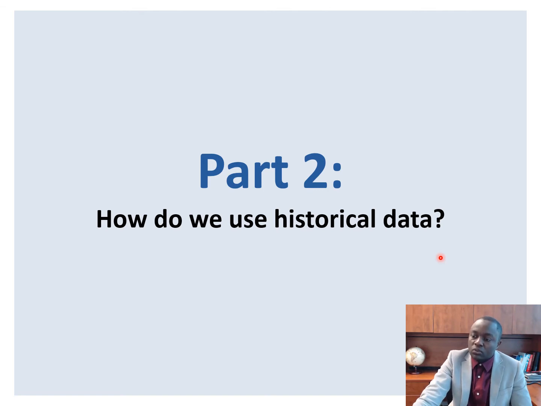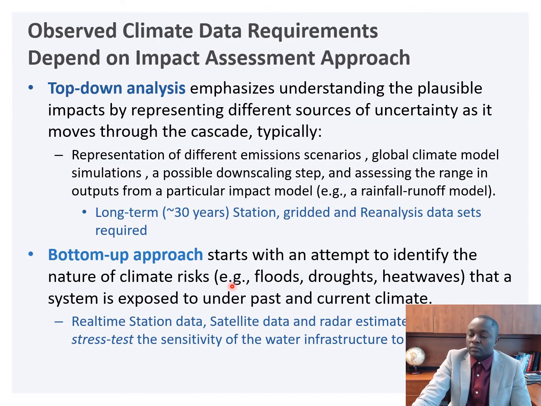Now, how do we use historical climate data to support climate risk assessment? The usage of historical climate data to support climate risk assessment depends heavily on the impact assessment approach we adopt. Typically, assessment approaches are classified into top-down and bottom-up approaches. Top-down approaches emphasize understanding the plausible impacts by representing different sources of uncertainty.